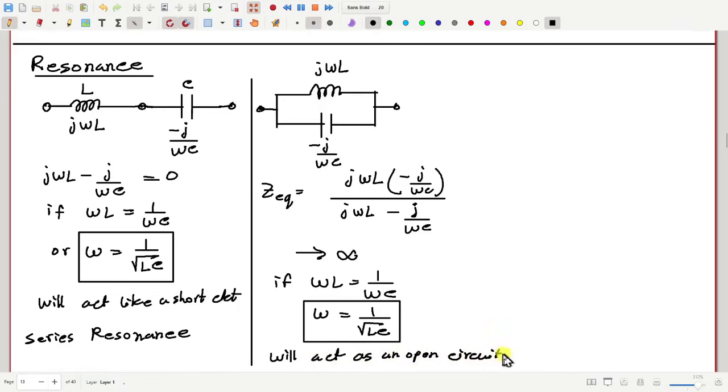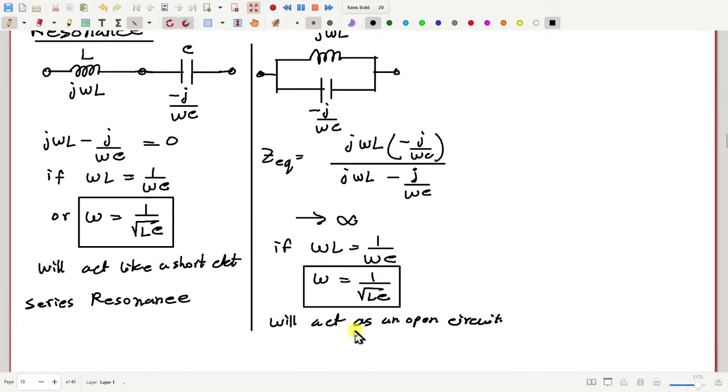Okay, this phenomenon is called a resonance, but this is called parallel resonance.